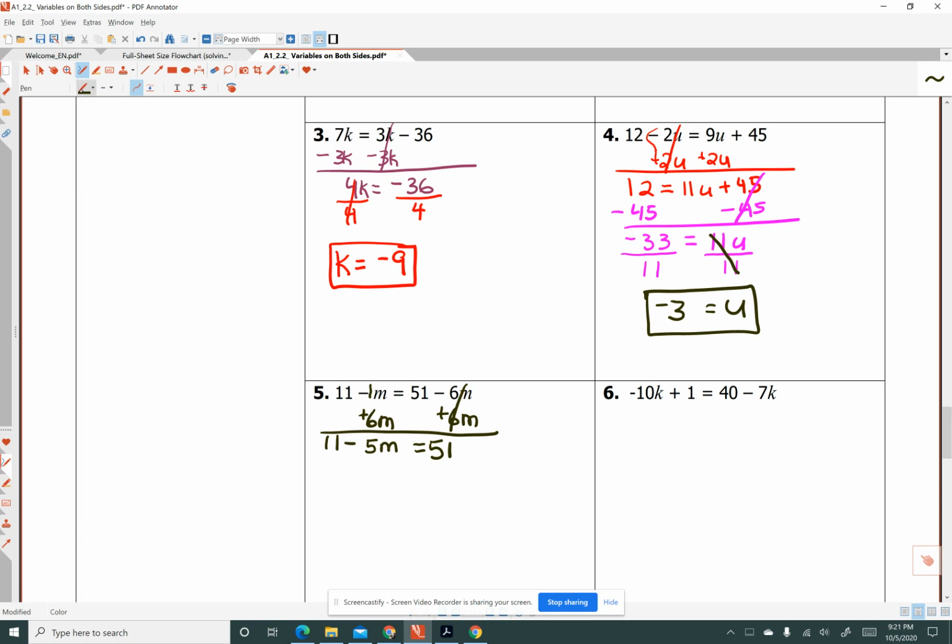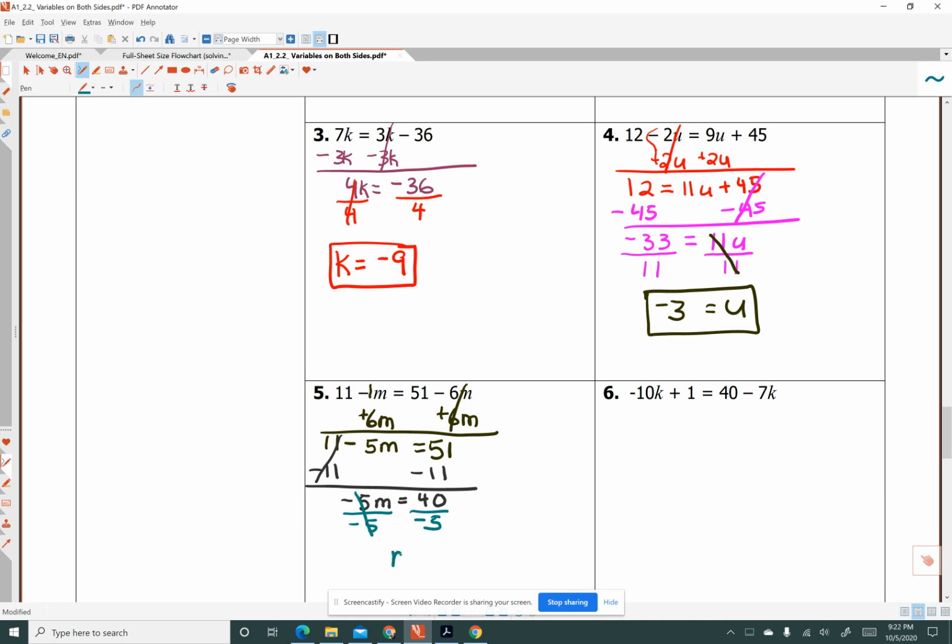Now I'll subtract 11 from both sides. So 11 take away 11 is 0. I have negative 5m equals 40. Now what's happening to m is being multiplied by negative 5. So I'm going to divide by negative 5.